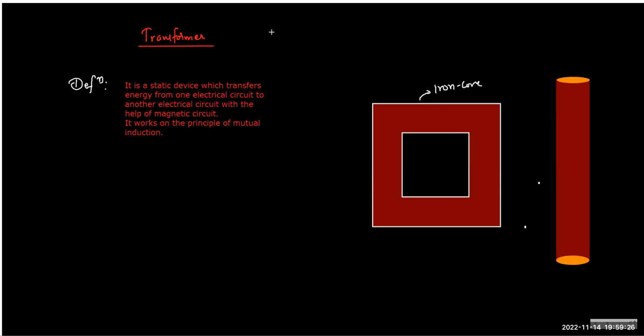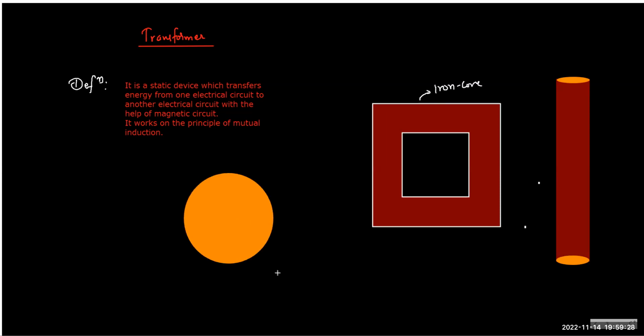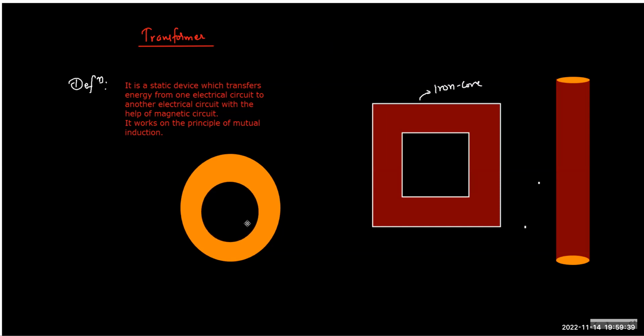You can also take, if you want, a circular one. So the shape really doesn't matter. Now, what you're supposed to do is wrap a large number of turns of wire onto this core.